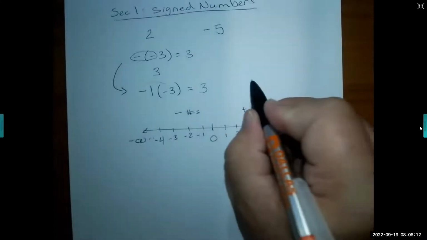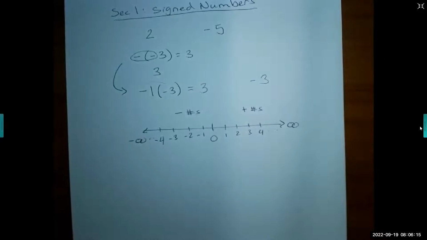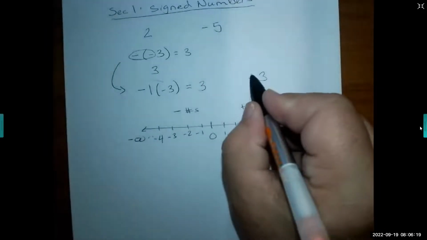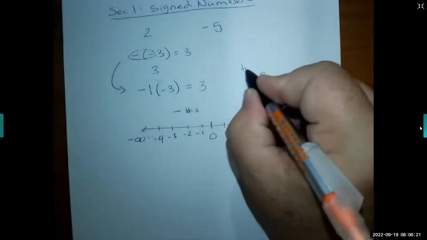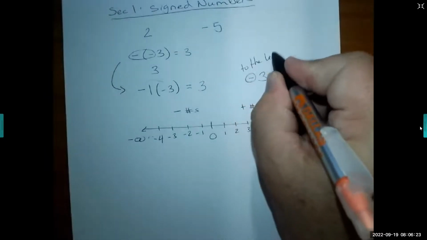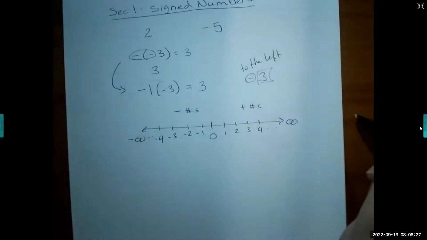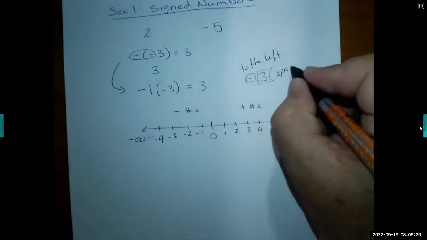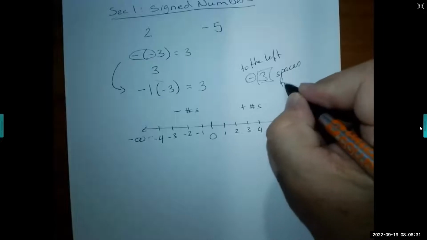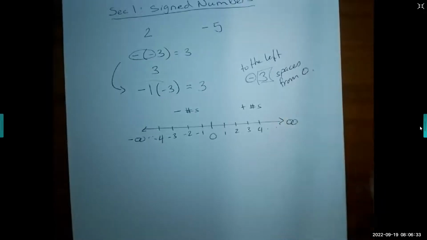So where would I put -3 on a number line? The negative means to the left, 3 spaces from 0. Because 0 doesn't have a sign.